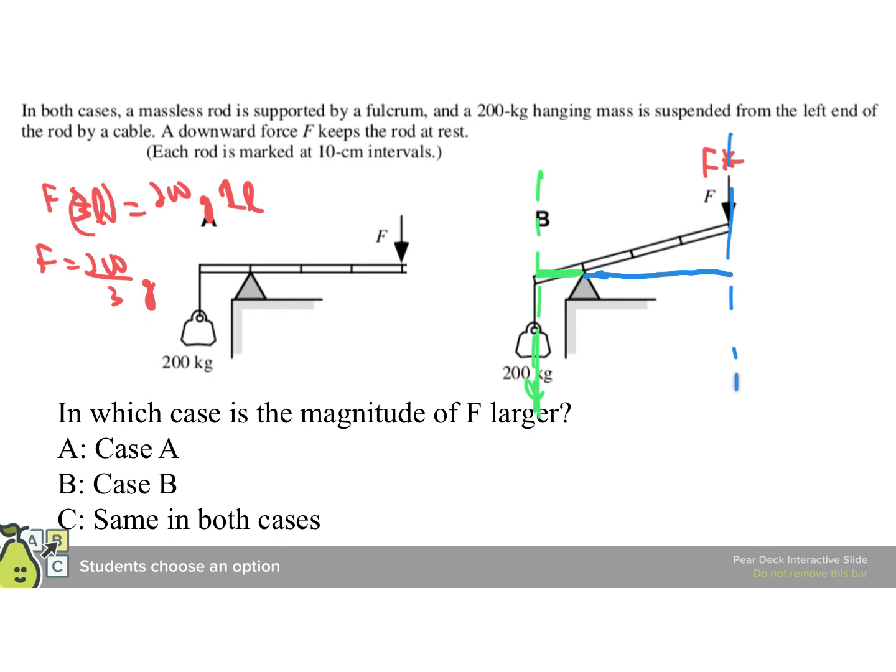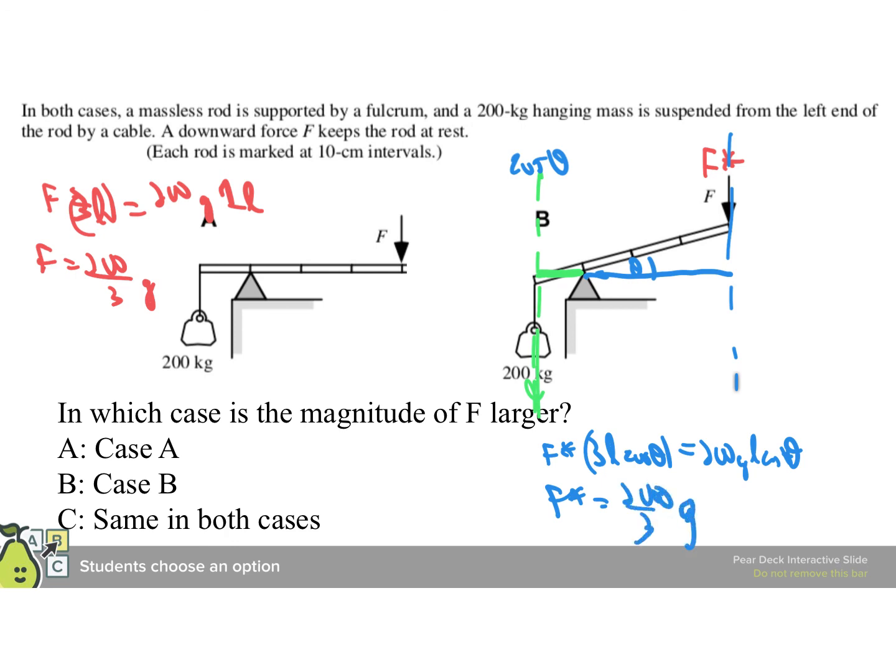But we can see that they're both short by the same factor, which is cosine of this angle. So we would have F star times 3L cos theta equals 200g times L cos theta. And the cos thetas will cancel out, so that F star is still 200 thirds kilograms times g. So we get that it's the same in both cases.